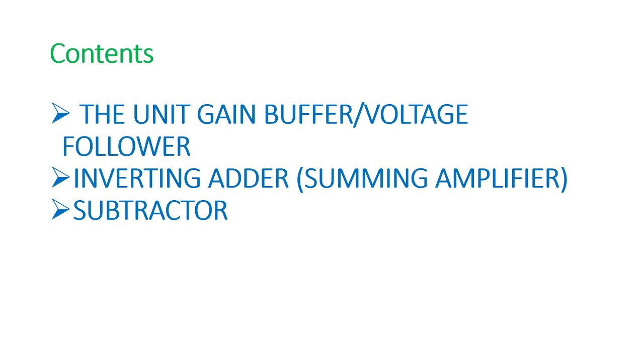The amplifier is known as an inverting amplifier because if the applied input voltage is positive, then the output voltage V0 of the amplifier is negative, proportional to the input signal. This means that in an inverting amplifier a phase shift of 180 degrees occurs between input and output voltage.